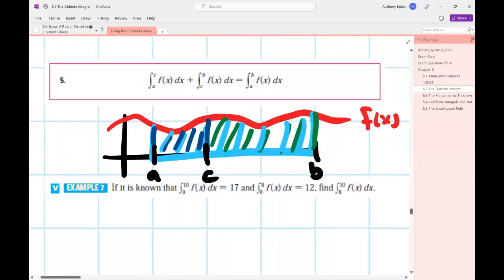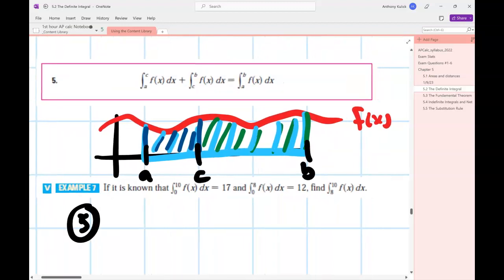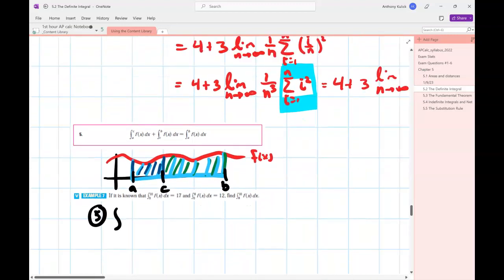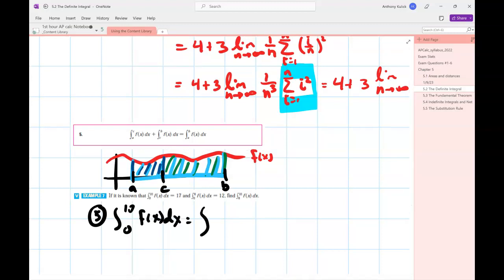So from property 5, we can say the integral from 0 to 10 f of x dx is equal to the integral from 0 to 8 f of x dx plus the integral from 8 to 10 f of x dx.